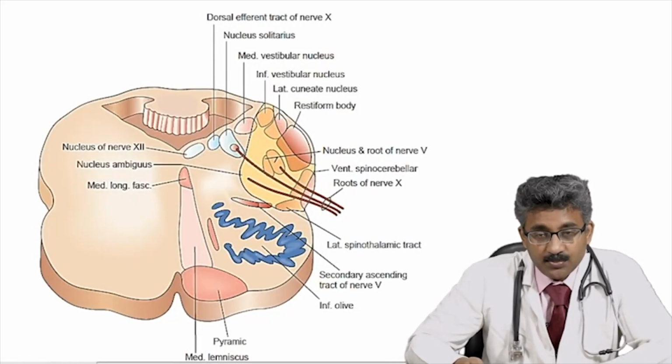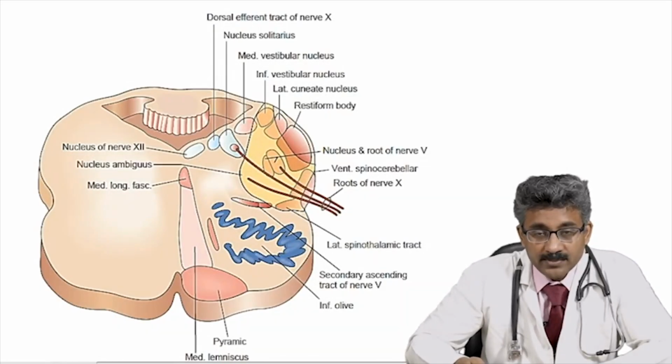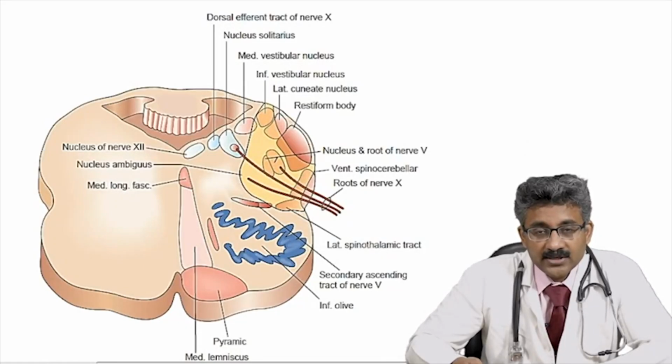So if there is a problem here, there will be ipsilateral 12th nerve palsy in medial medullary syndrome. Contralateral general touch, fine touch, vibration and proprioception will be affected, along with contralateral motor weakness.